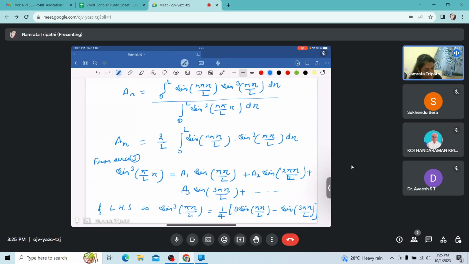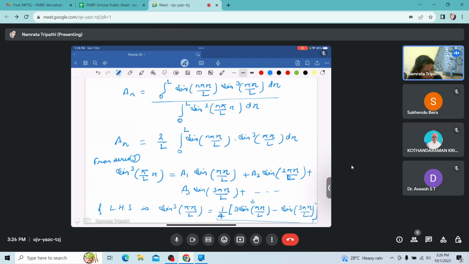Now tell me the value of a1, a2, a3. Here n is 1. So when you compare the left hand side expression with the right hand side, you will get a1 is 3/4. Fine?